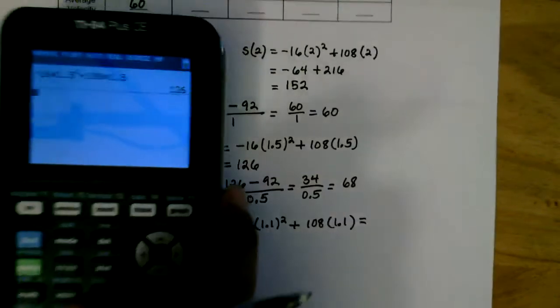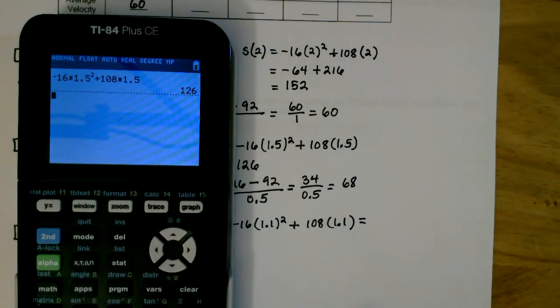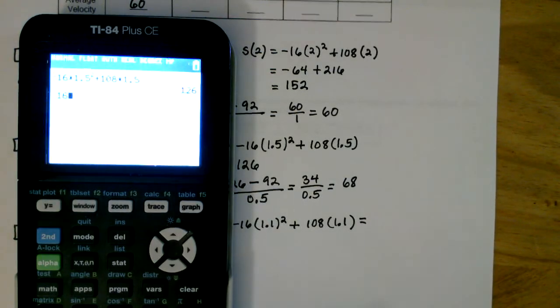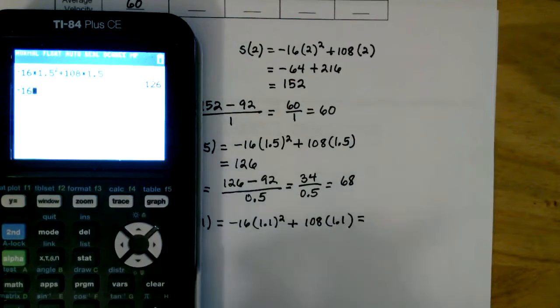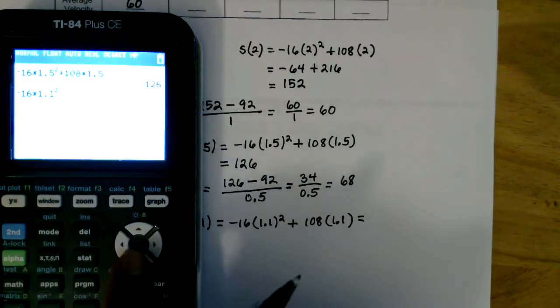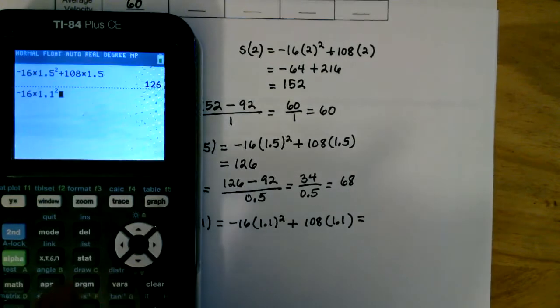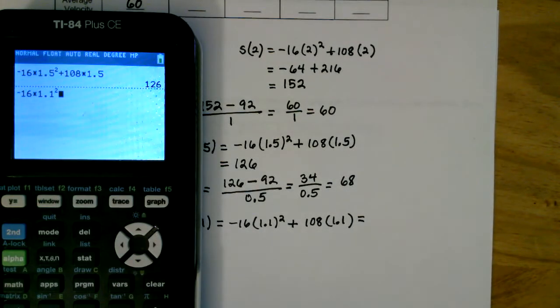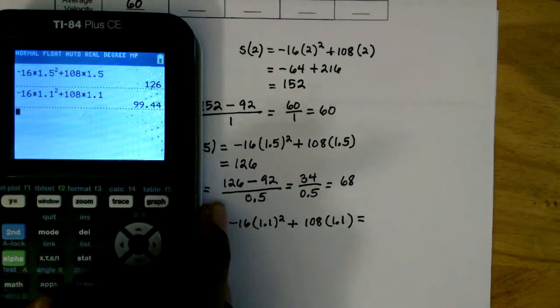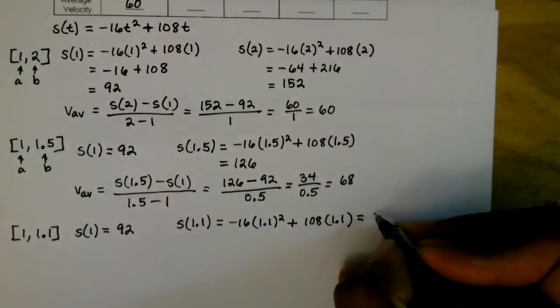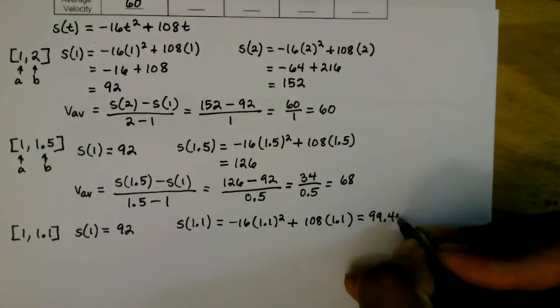Okay, so I'm going to go ahead and use my calculator to do this. Negative 16 times 1.1, and that's squared, and then plus 108 times 1.1. This will be 99.44. So I'm going to use that whole decimal, 99.44, for S of 1.1.